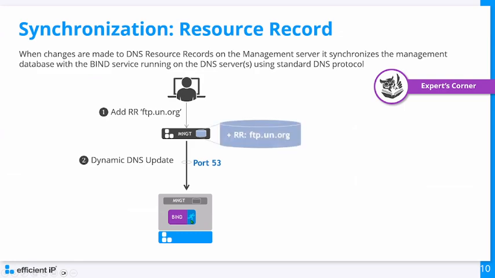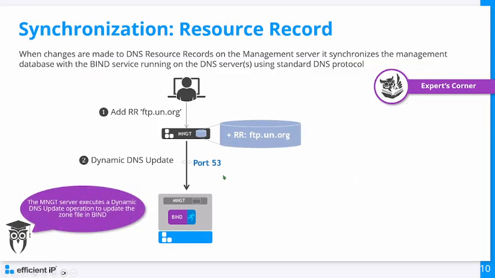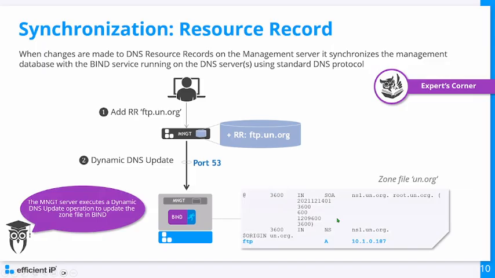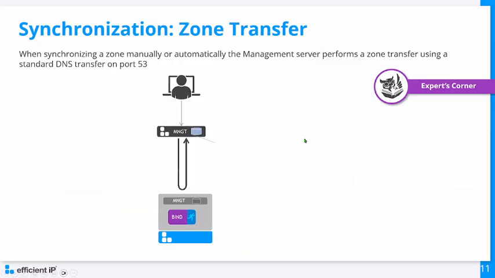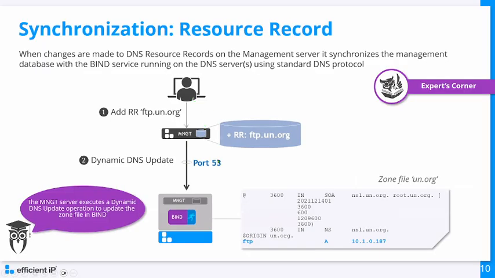Then of course, this will update the zone file. The zone file will be updated by the remote engine. Are you clear with this? So that is how it works. Now, also here is to show you the synchronization is not one way. The synchronization is two way.